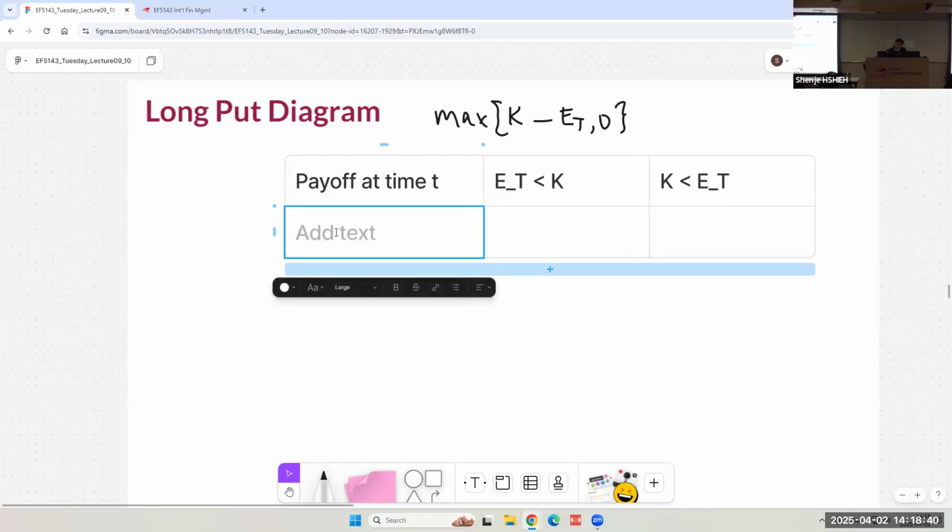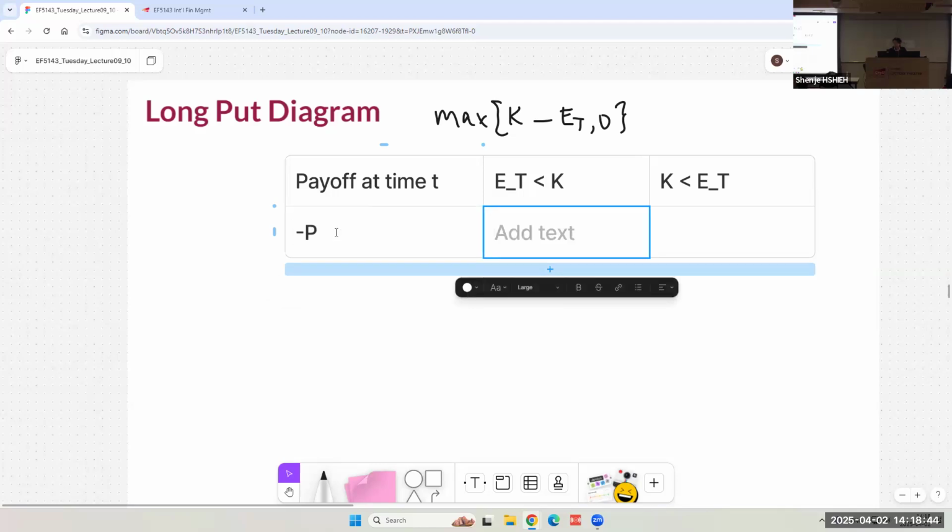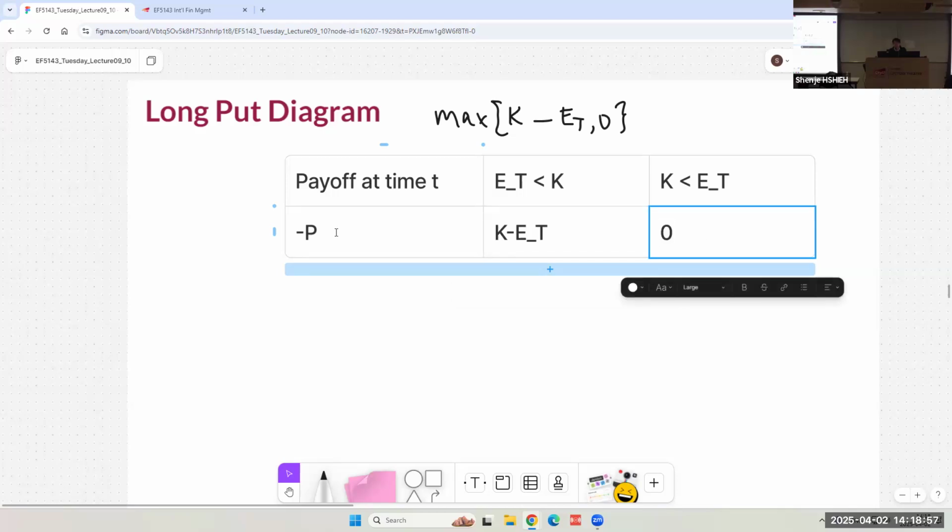Because I am buying a put, I will be subtracting P. And the payoff therefore is K minus ET in the case in which ET falls below K, because I will exercise. Otherwise, nothing.